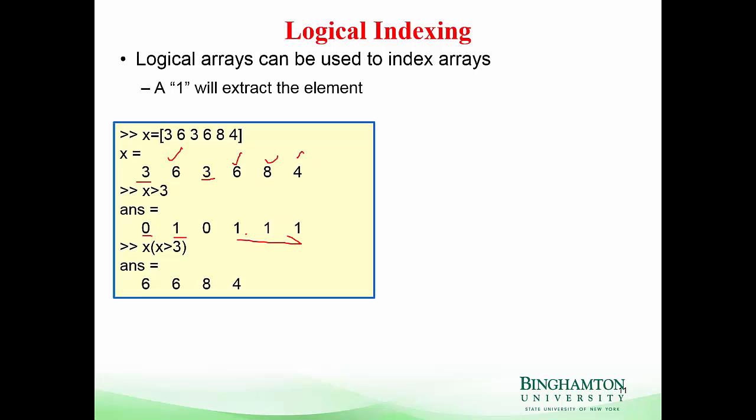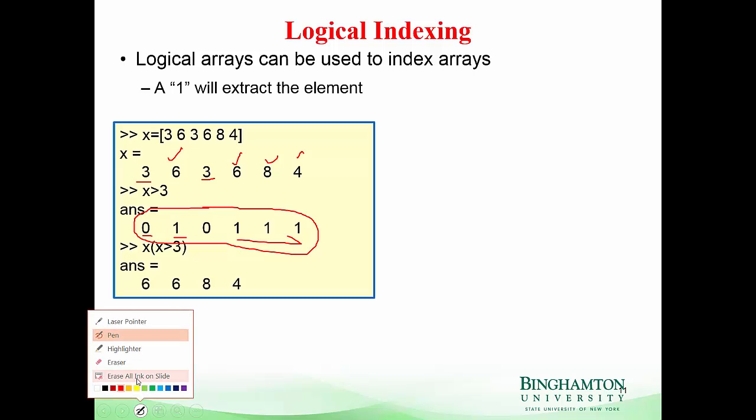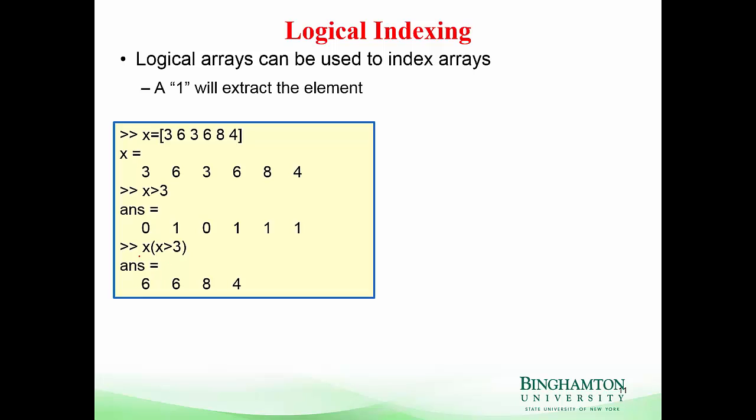Remember, this result is a logical vector. If you did a whos command at this point, you'd see the answer has logical type. So if we use that as our index, it will actually work.